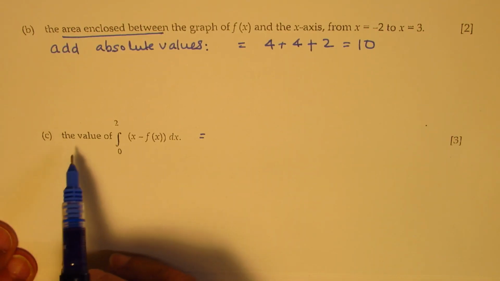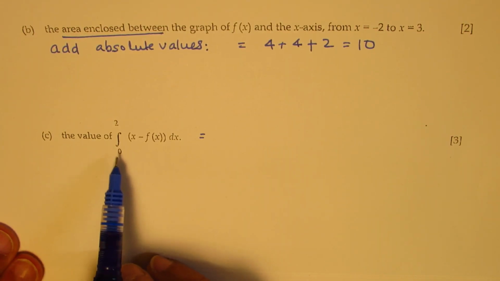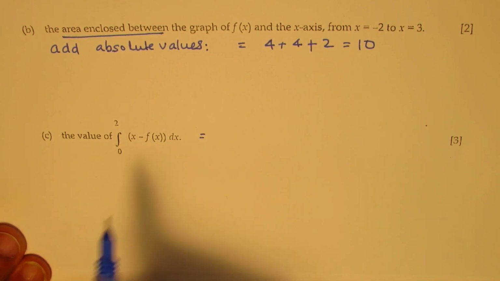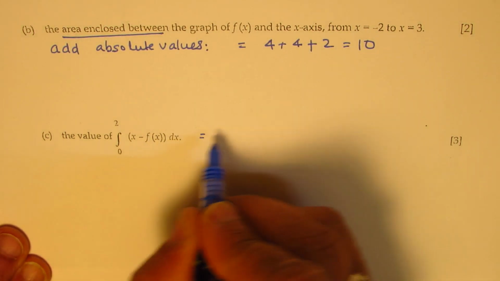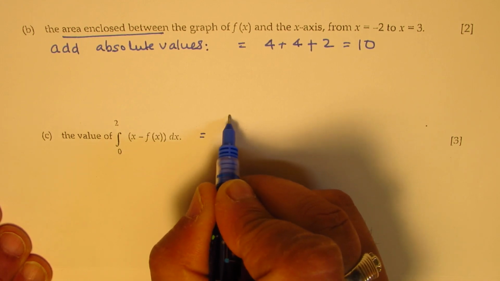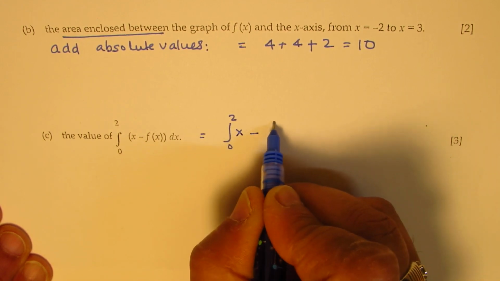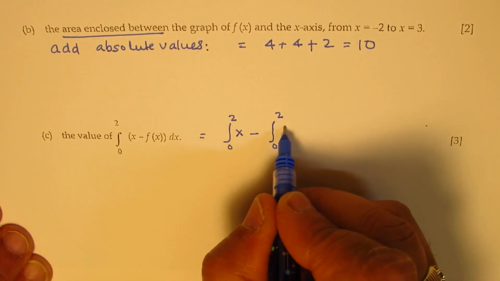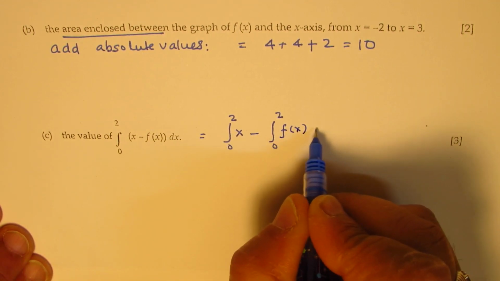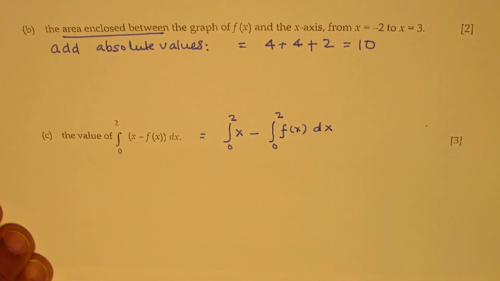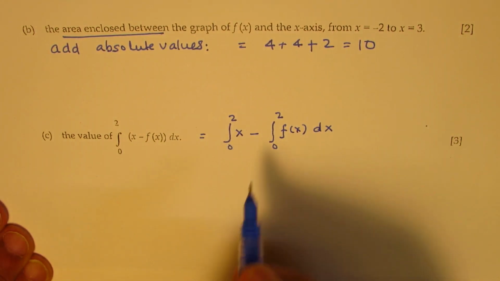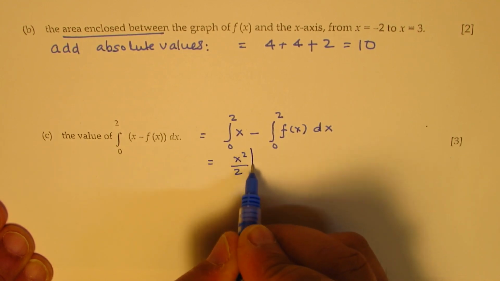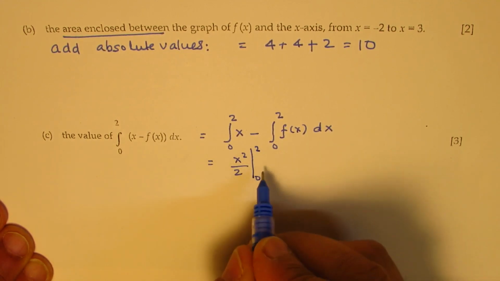Now let's take part C, which is the value of the integral from 0 to 2 of x minus f of x dx. This can be written as the integral from 0 to 2 of x minus the integral from 0 to 2 of f of x dx, correct? The integral of x can be written as x squared over 2 from 0 to 2, right?